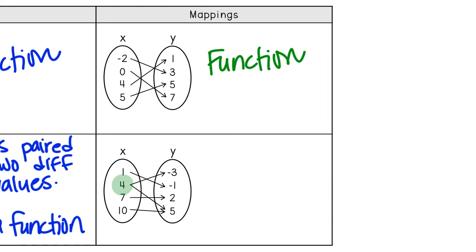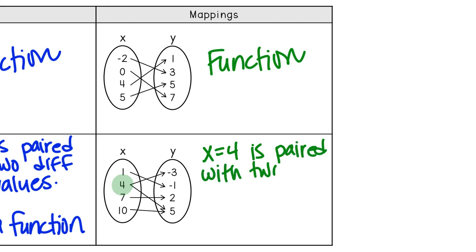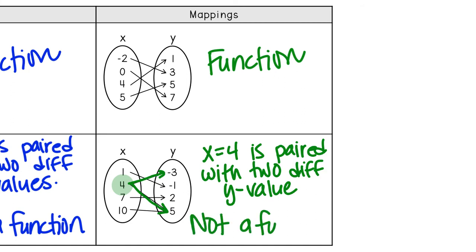It has two arrows coming out of it. That's what's throwing everything off here. X equals 4 is paired with two different y values. It's paired with negative 3, but then it's also paired with positive 5. Therefore, this is not a function.